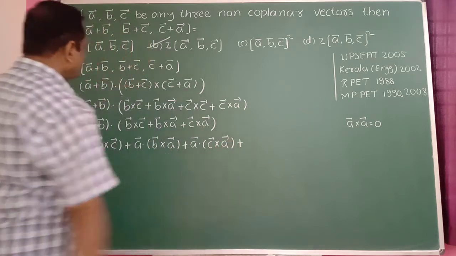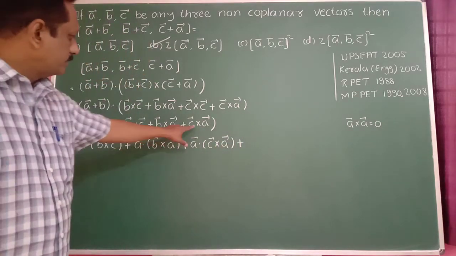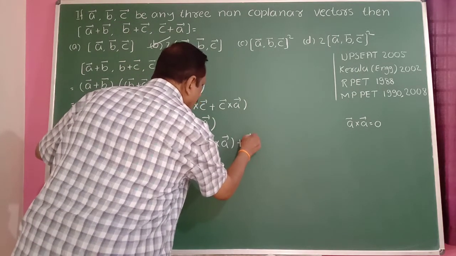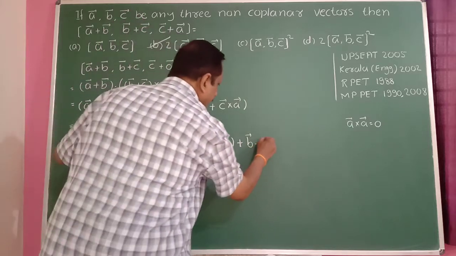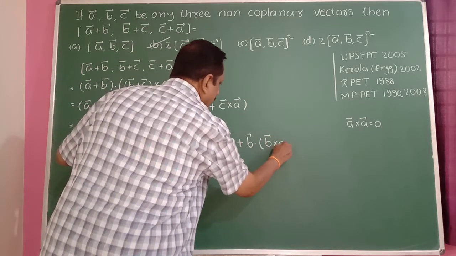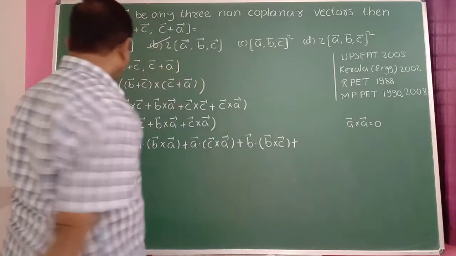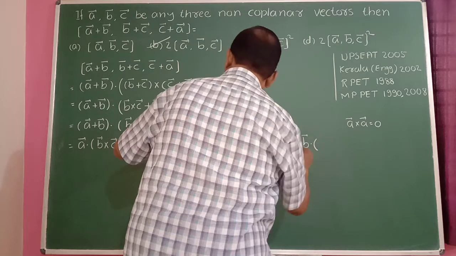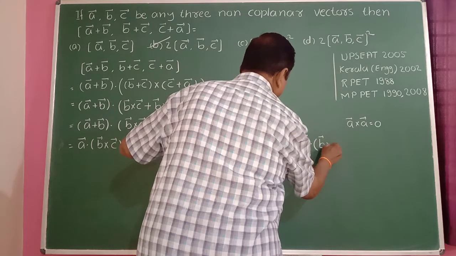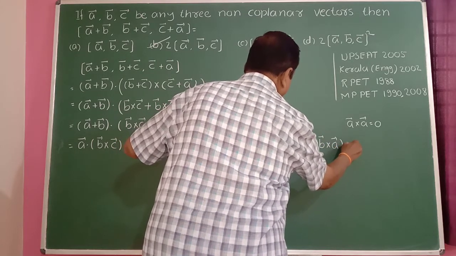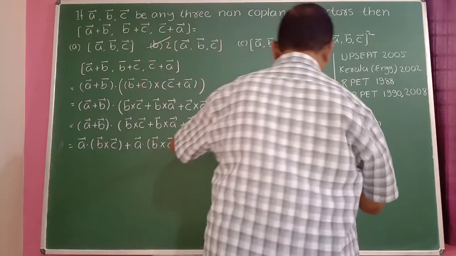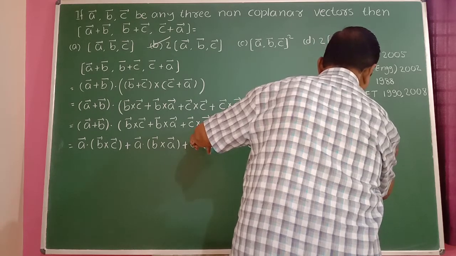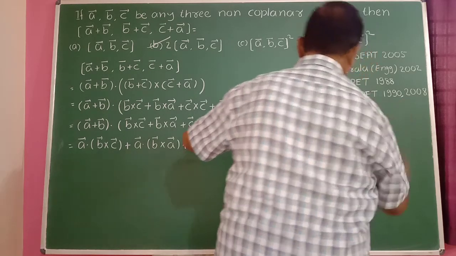Then multiply b bar with these three terms: b bar dot of b bar cross c bar, plus b bar dot of b bar cross a bar, plus b bar dot of c bar cross a bar.